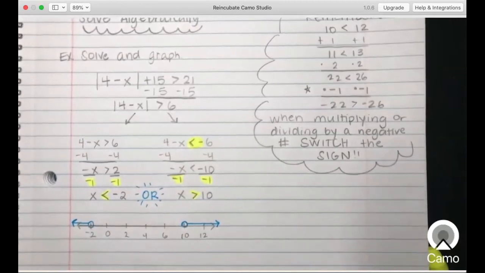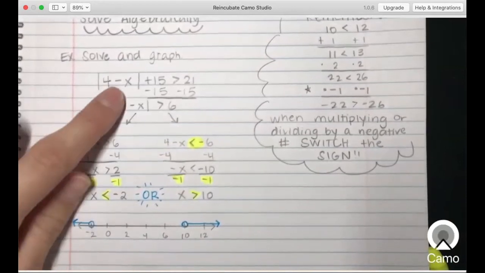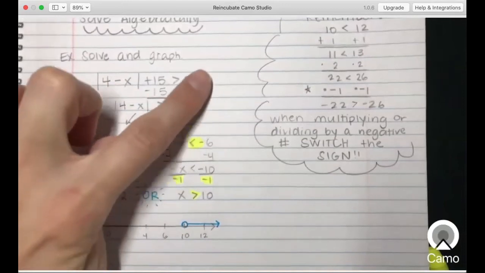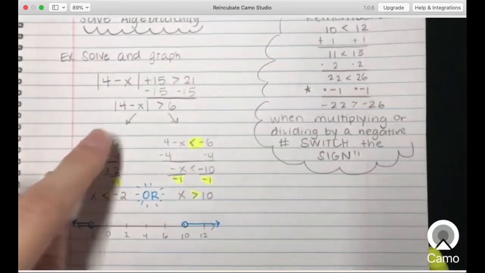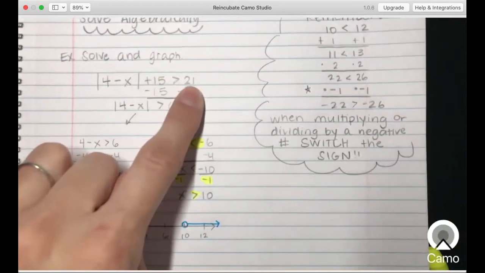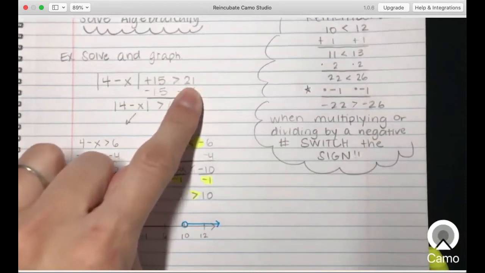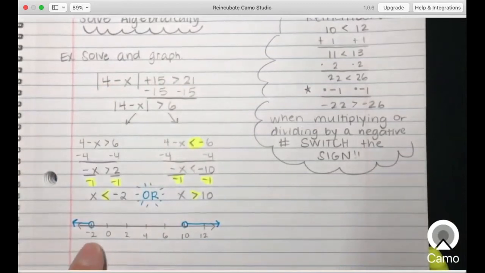That's not possible. So this is the kind of graph we're talking about. The reason why we know it's a single variable is because we're only given an x. We're not worrying about that second dimension, that y. We're not splitting this up to graph it on a coordinate plane like a system. We're just graphing the actual solution to this inequality.